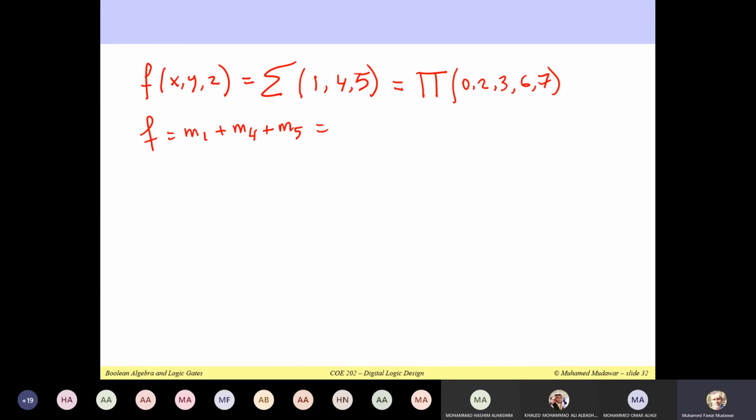M1: 0, 0, 1, 0, 0, 0, 1. Algebraically, I know that 0, 0, 1 is X prime, Y prime, and Z. So X prime, Y prime, Z. Okay, what's M4? X, Y prime, Z prime.